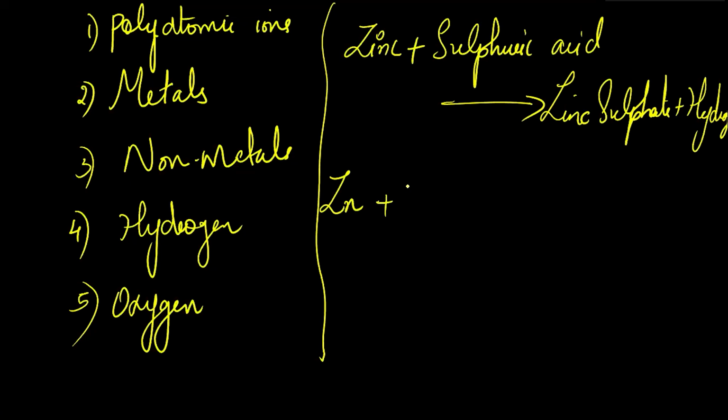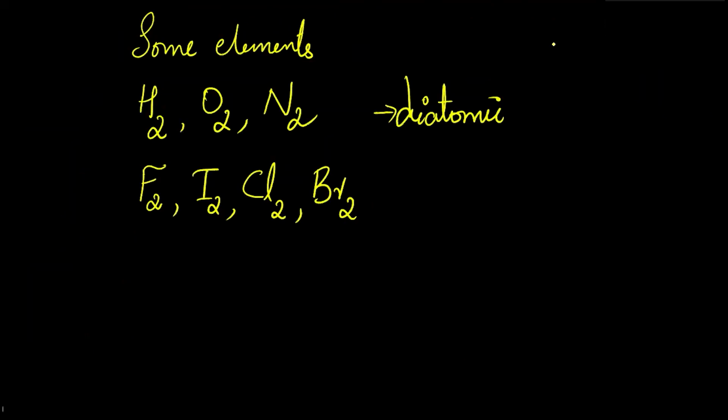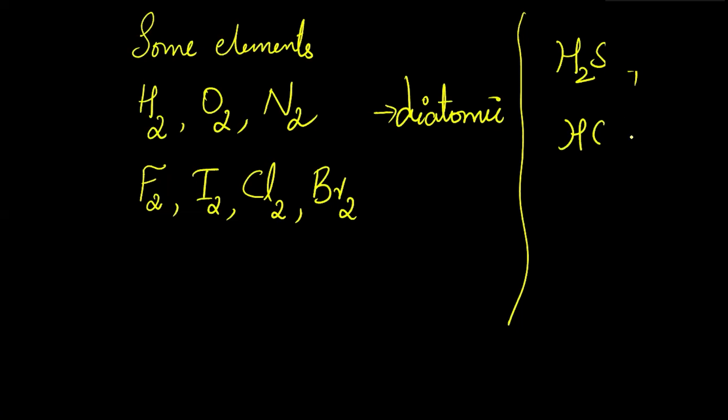Okay, if you don't know the formula, you have to study some acids' names. Like H2SO4, that is sulfuric acid. HCl, that is hydrochloric acid. HNO3, that is nitric acid.